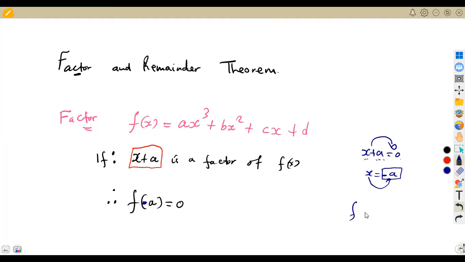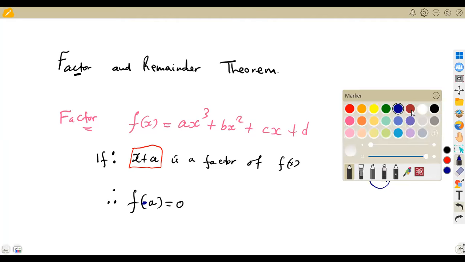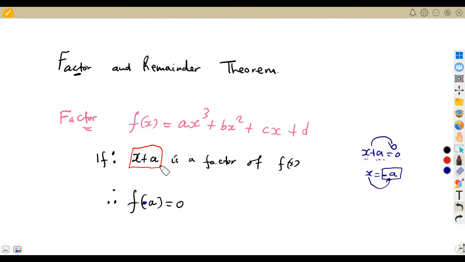Just like f of 1 means I'm substituting 1 in place of x. If I say 0 in place of x, I substitute 0. So we are saying if we have a vector, then f of the negative of this number, it was positive, but here we are using a negative.